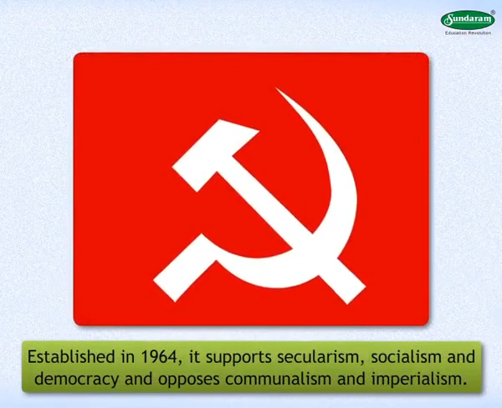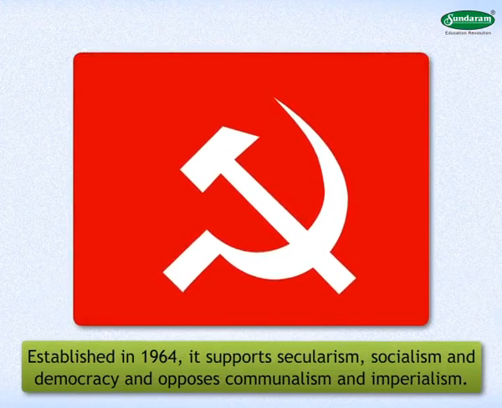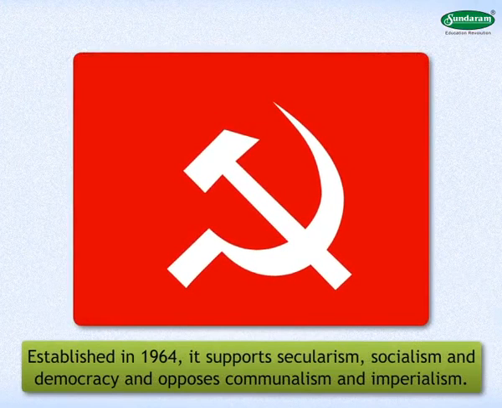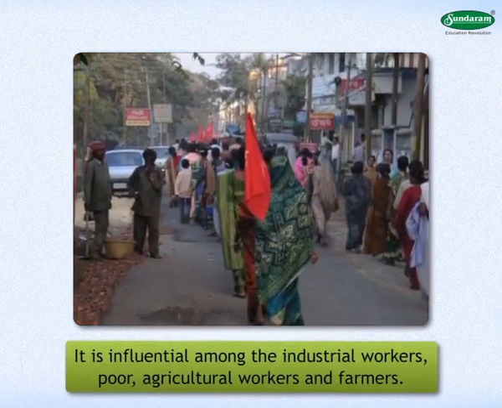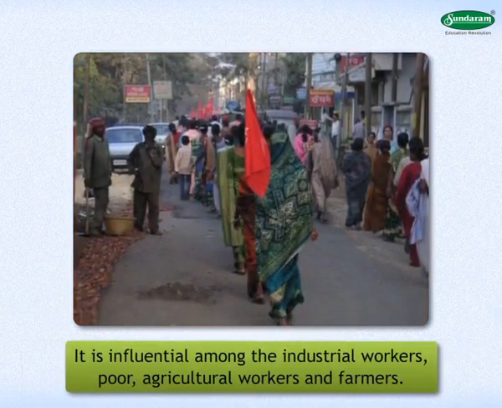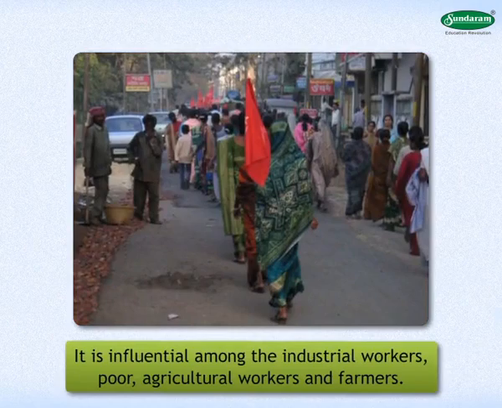5. Communist Party of India Marxist. Established in 1964, it supports secularism, socialism and democracy and opposes communalism and imperialism. It is influential among the industrial workers, poor, agricultural workers and farmers.